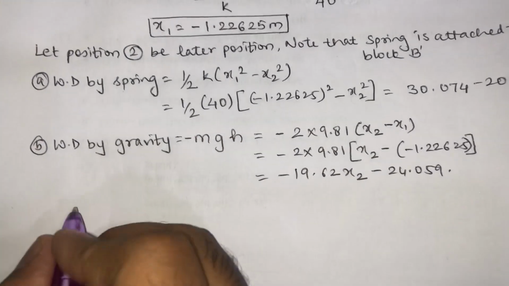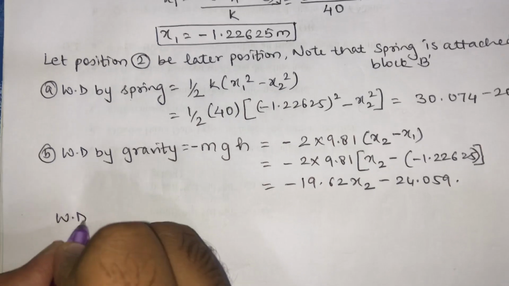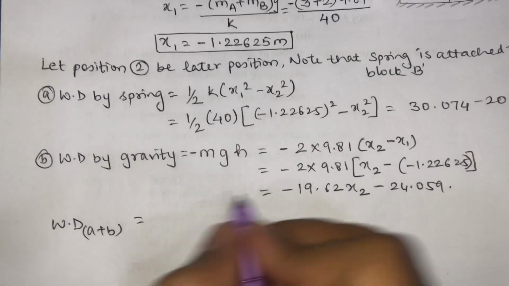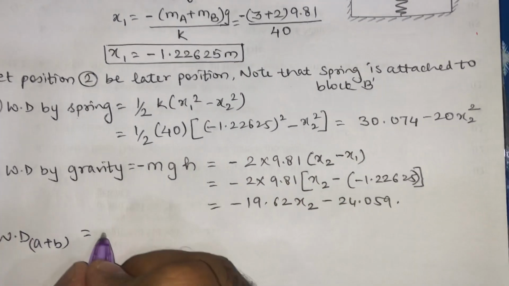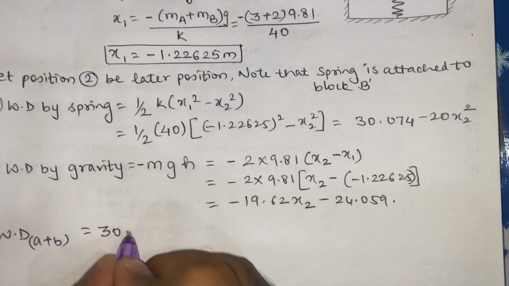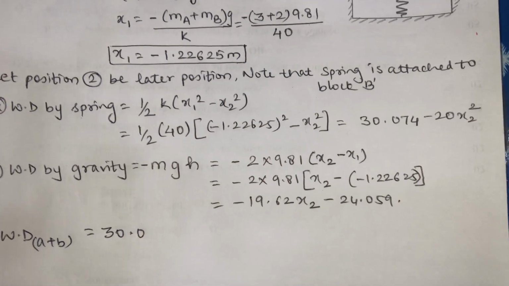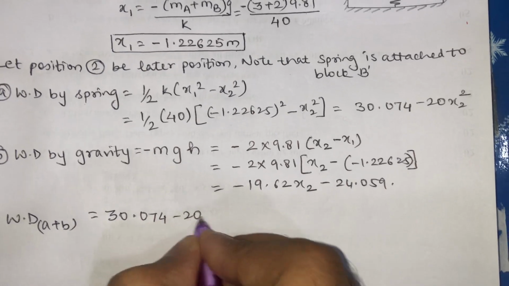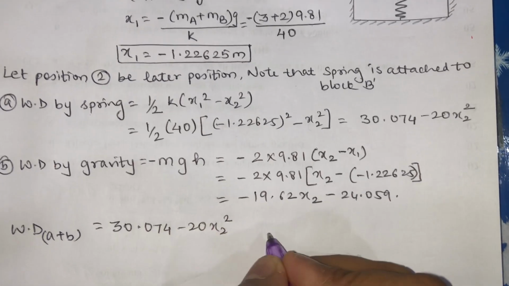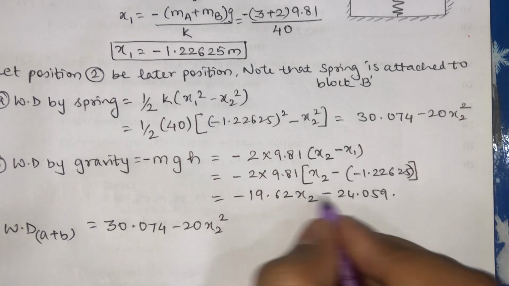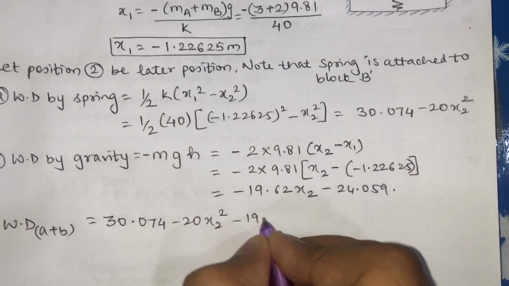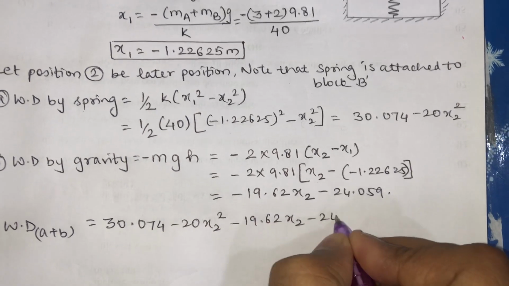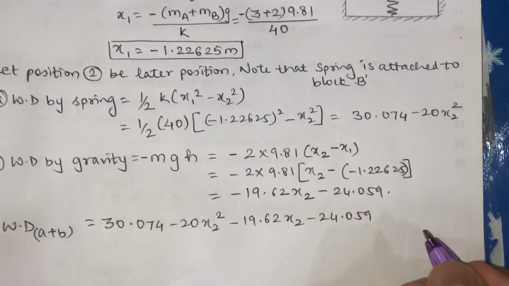Now if I add both the works done, A plus B, then what I'll be getting is 30.074 minus 20 x2 square, and then this term, minus 19.62 x2 minus 24.059.